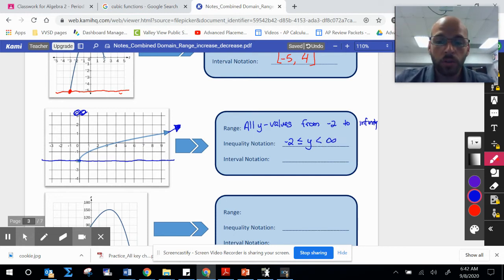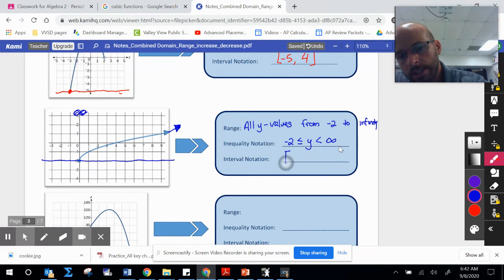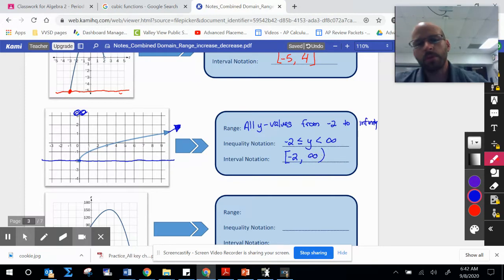Again, you do not put an equal to on infinity, you can't actually equal infinity. So because this had an equal to, I know it's going to have a bracket, and infinity does not have an equal to, so it gets a parenthesis.